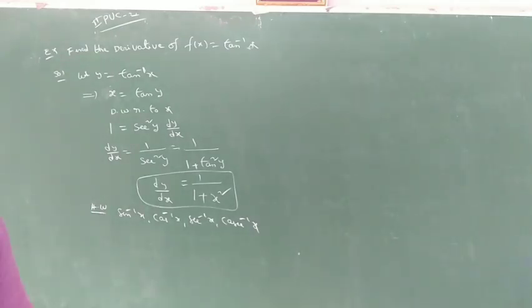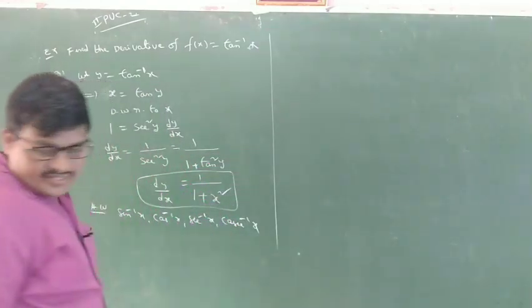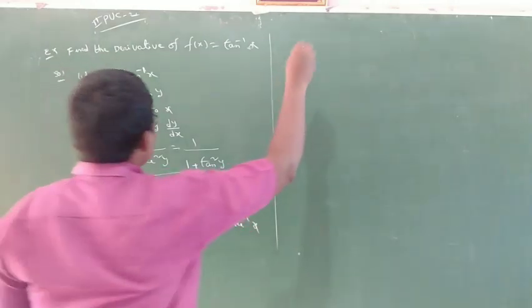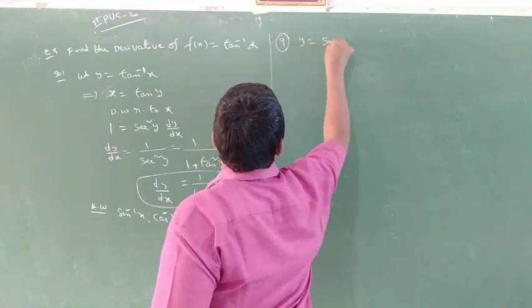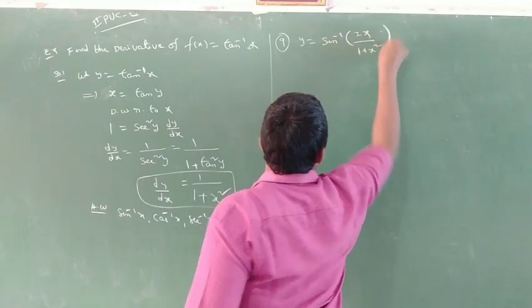Next one. Go to exercise 5.3, ninth problem. y is equal to sin inverse of 2x by 1 plus x square.